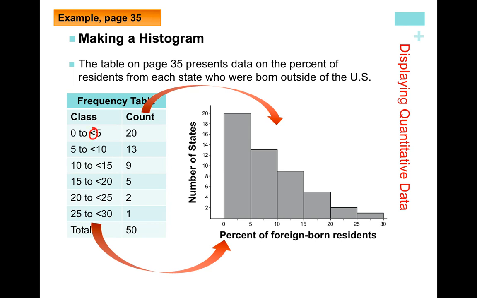That means that it's less than, but not including 5. So this first bar has all of the states that are up to 4.99999% foreign-born residents. And then this next bar is 5, and then up to, but not including 10. So with histograms, that upper class boundary is never included in the bar to the left. It's always bumped into the bar to the right.